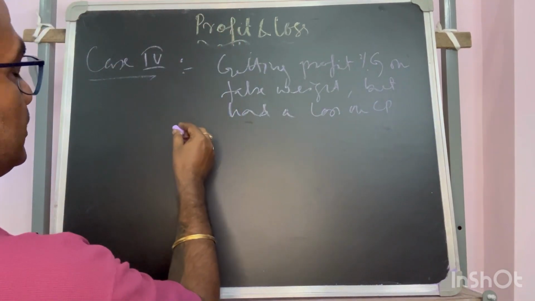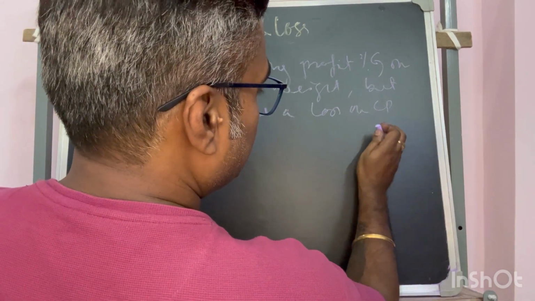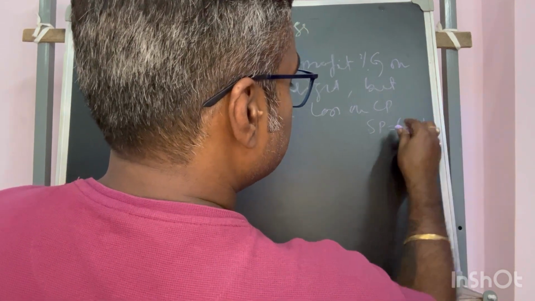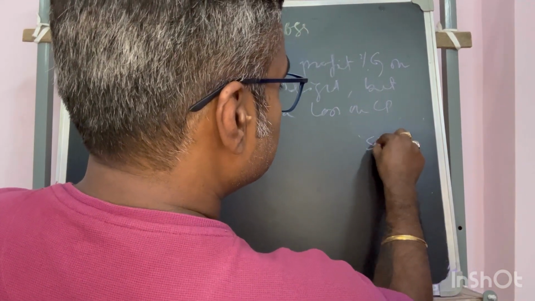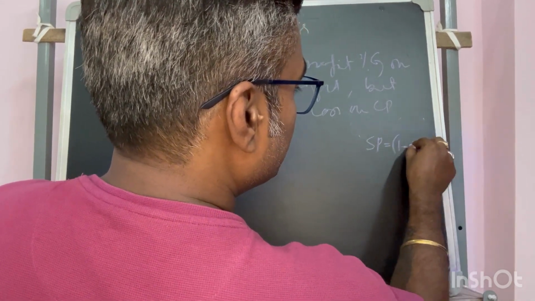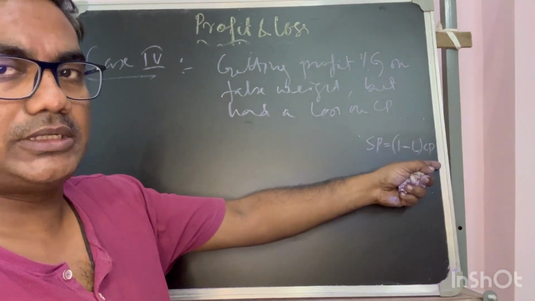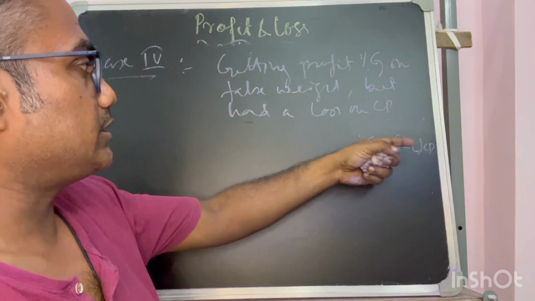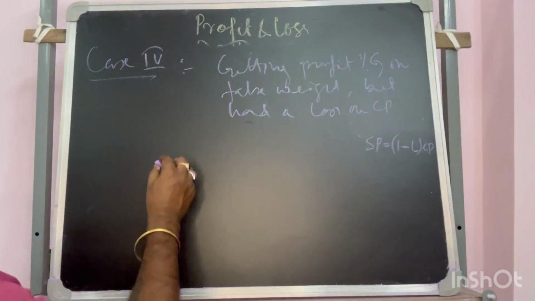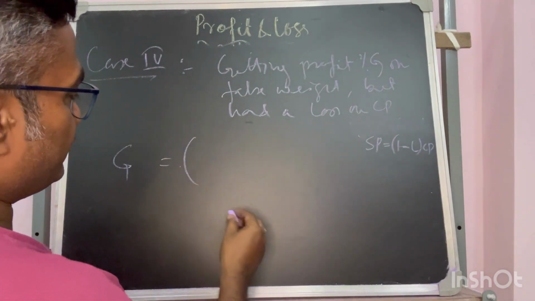In the earlier case, he was getting a profit P and fixed a sell price of 1 plus P into CP. In this case, he has fixed the price at a loss on CP. This is also a trick to show that I am an honest person. I am just giving a thing at a loss, but he is cheating on weight and getting a G. So what would be the effect of that? The total gain in this case, I will use the direct formula.